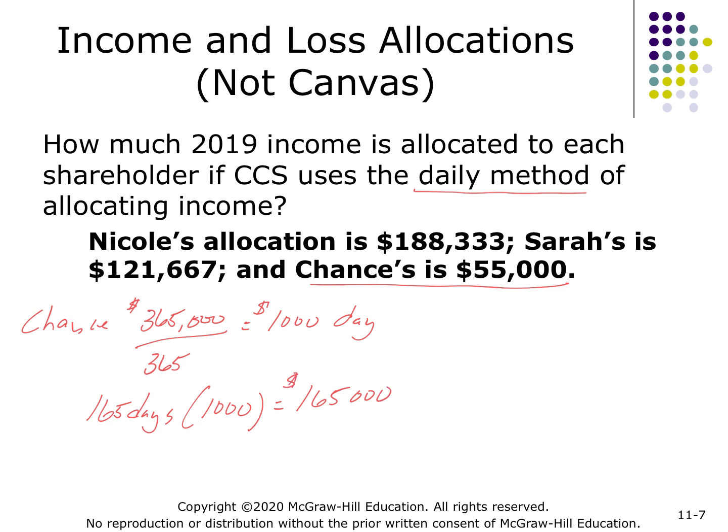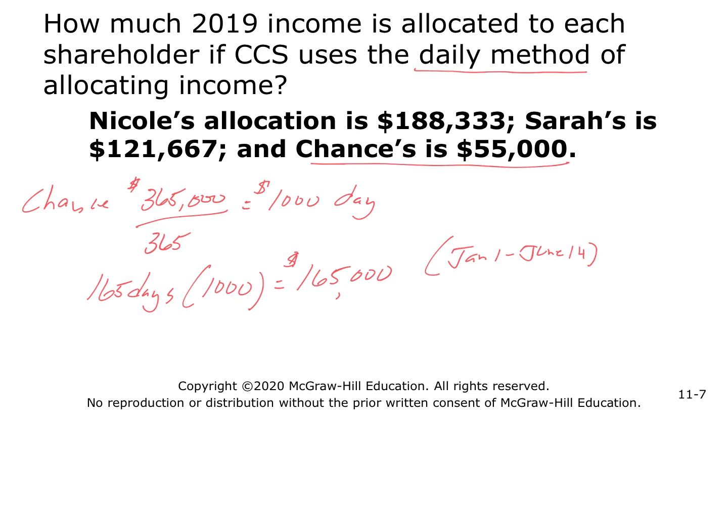All right, so that's $165,000 for that time period, that's January 1 through June 14th. Okay, now remember, Chance at that point was only a 1/3 shareholder. So his share of the S corporation's earnings via the daily method, oops, I'll make that look like a 0, was $55,000. Okay.